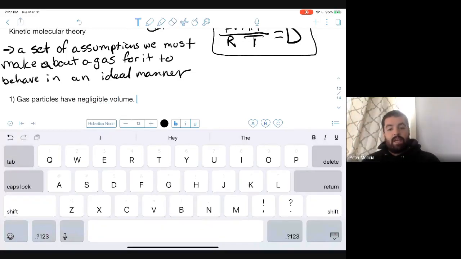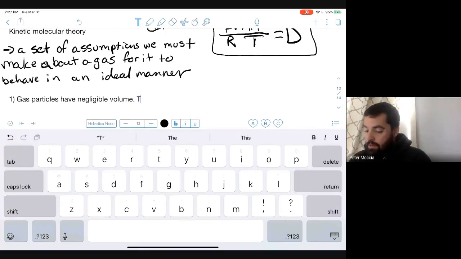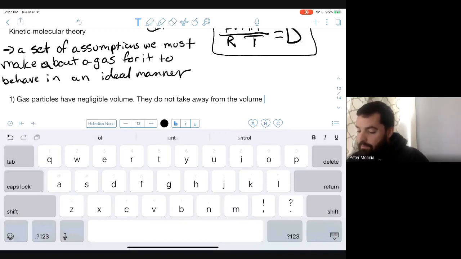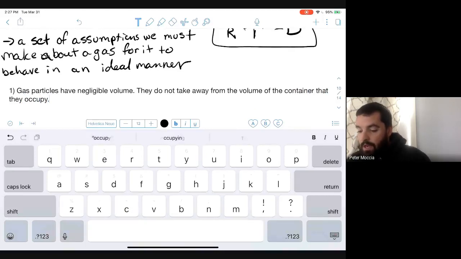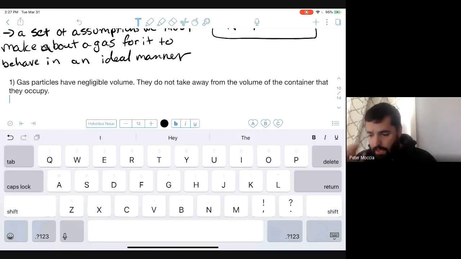So what that means is when we talk about the volume of a container, they do not take away from the volume of the container that they occupy. So if the volume of the container is 2 liters, then it's 2 liters. And no matter how much gas is in there taking up space, we assume that those gas particles have negligible volume. Okay?